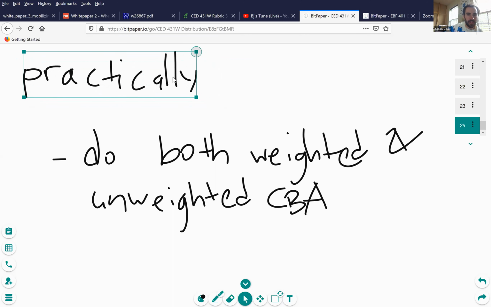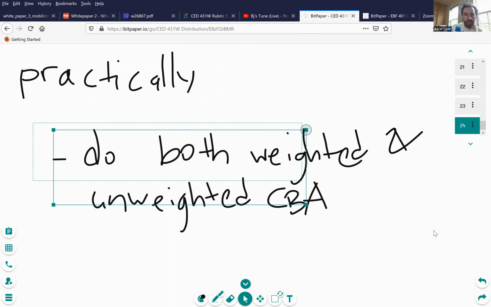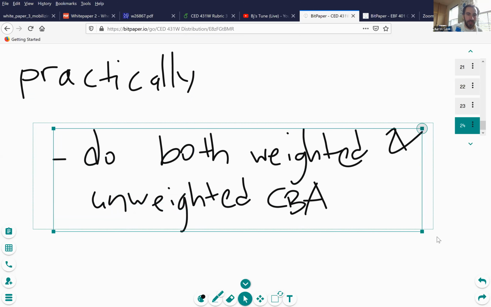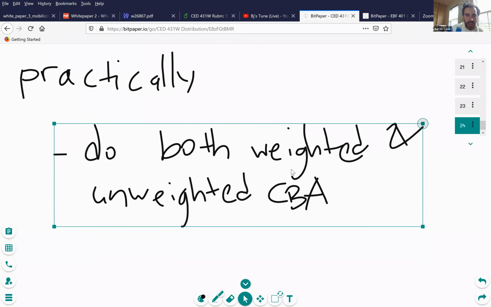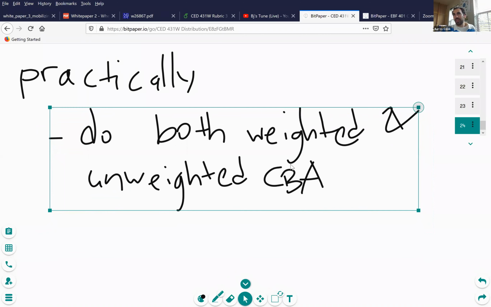The most difficult things are the thorny evaluations of human life, and how to discount the present versus the future. Those are extremely difficult aspects of this.